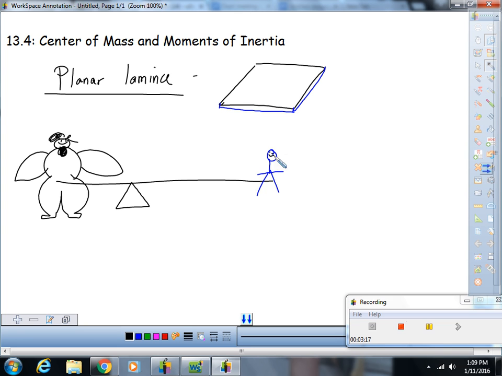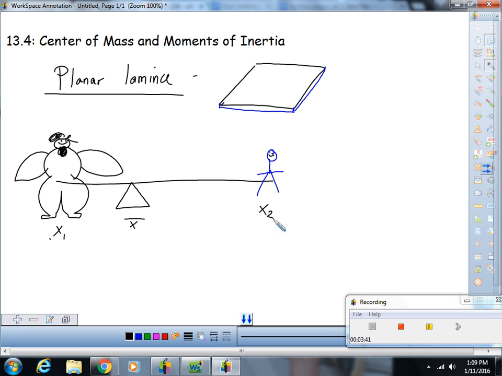Okay? So let's think about how we would calculate that center of mass. If this was my position, x1, and this was the average position, x bar, and this was Mr. G's position, x2, okay?